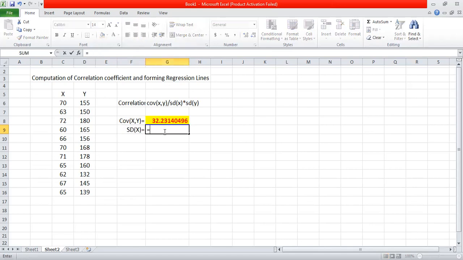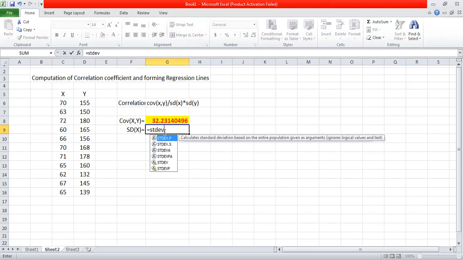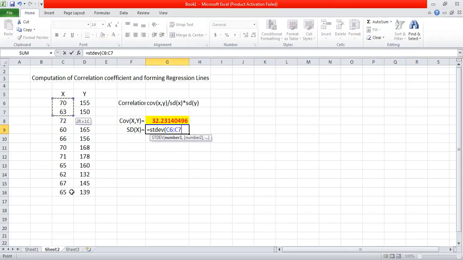I'm writing equals to STDEV, standard deviation. STDEV is the function. Open the brackets. I'm finding the standard deviation of x, so I'll select the x values. Close the bracket. We get the standard deviation of x value.